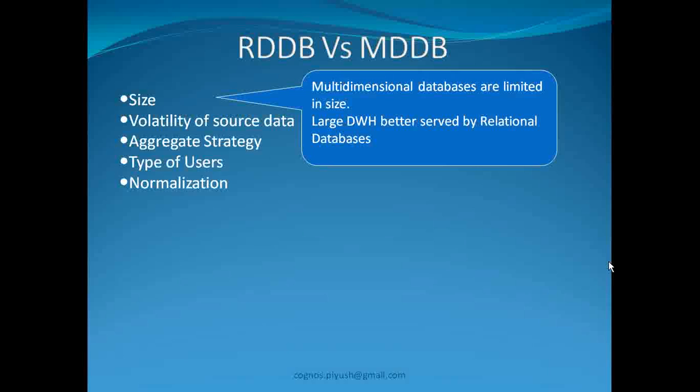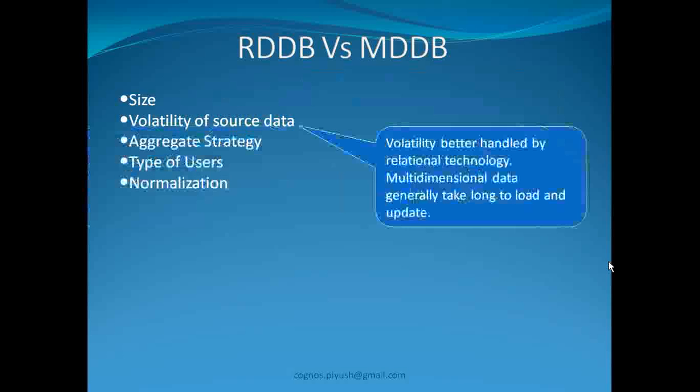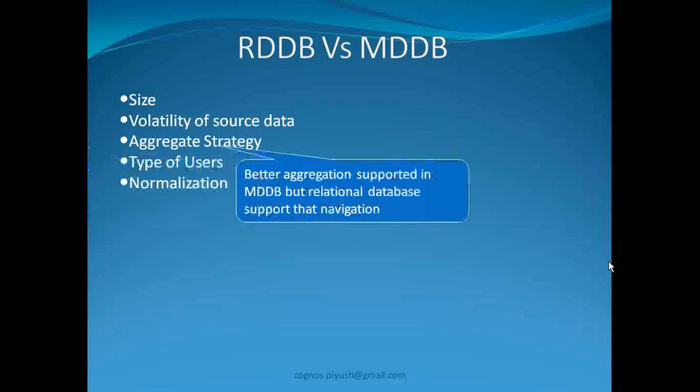Second term is volatility. Volatility is better handled by relational technology. Multidimensional data in hypercubes takes a long time to load and update. So the time required to constantly load and update the multidimensional data may prevent the enterprise from loading new data, which is often desirable.